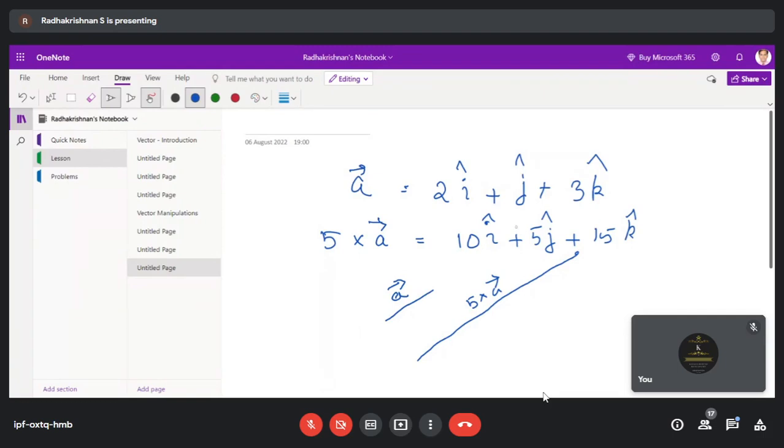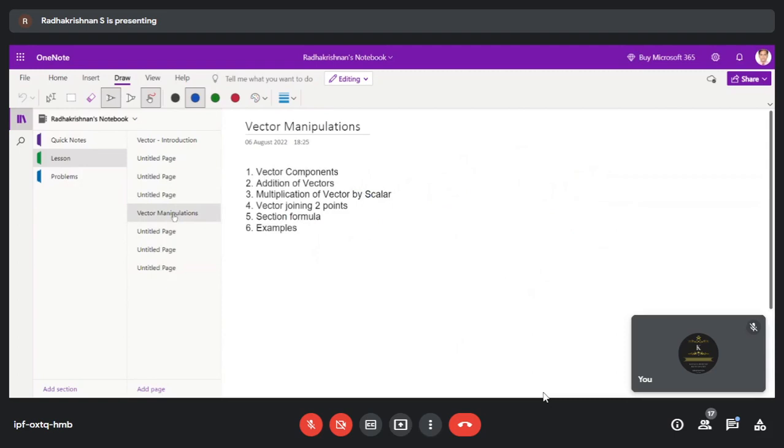Only the magnitude is different, and if you compare the two magnitudes, the second will be exactly 5 times the first. So these are the two ways for multiplication of a vector by a scalar.